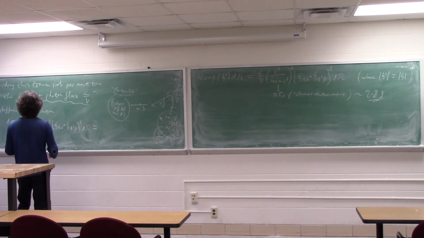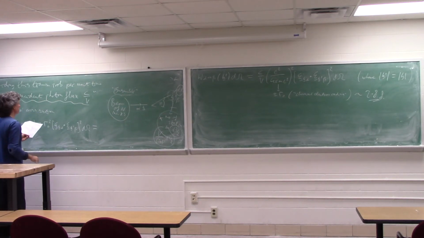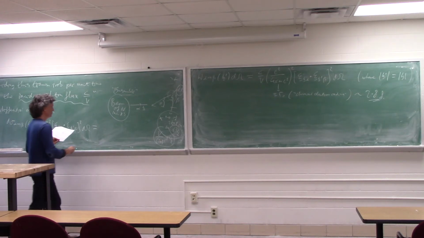Then what is this? We've got the probability per unit time divided by the incident photon flux.